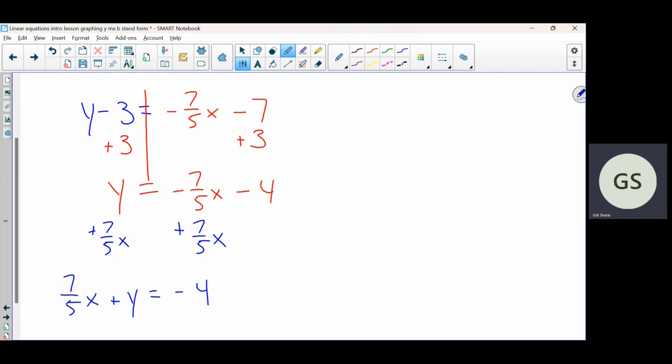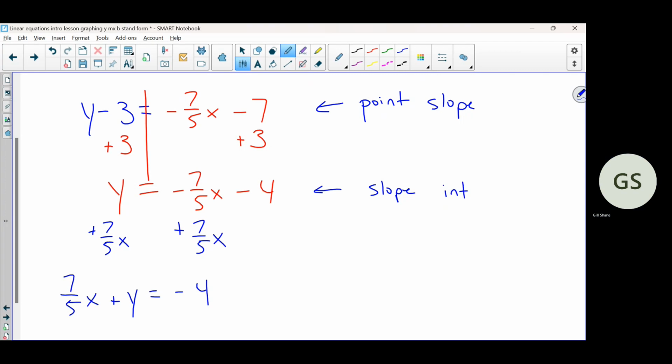That is standard. So actually here, we'll write this. You want to make this note, it's not a bad idea. This is point slope form. This is slope intercept form. We have all three forms right here.